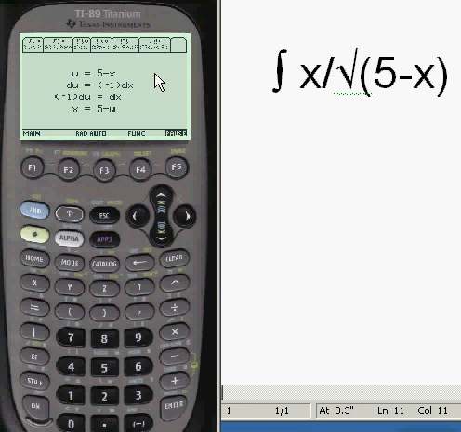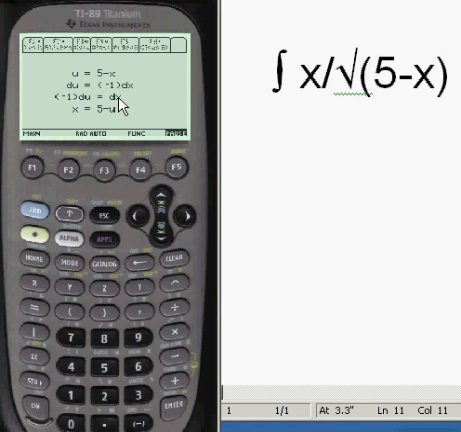You have to differentiate what's inside the parentheses in every case and then match that to the outside. We're going to take the derivative of this, which is minus dx, and then we switch it to the du side.